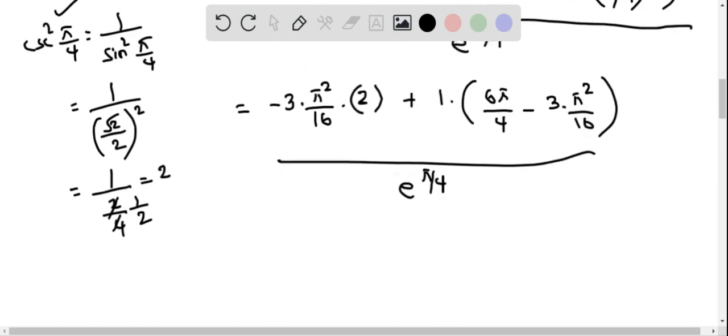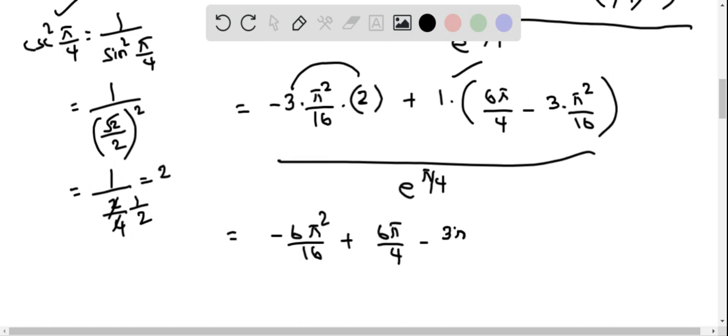Let's continue simplifying. So this equals, we now have 3 times 2, which is negative 6 pi squared by 16, plus we just have factor 1. So let's put this as 6 pi by 4 minus, this is 3 pi squared over 16, divided by e raised to the power of pi by 4.